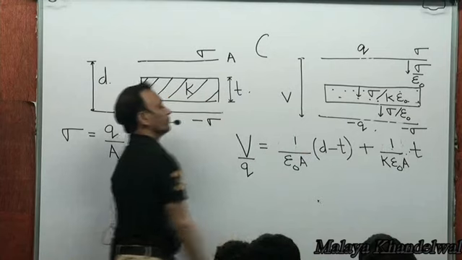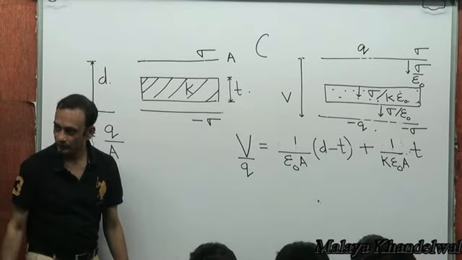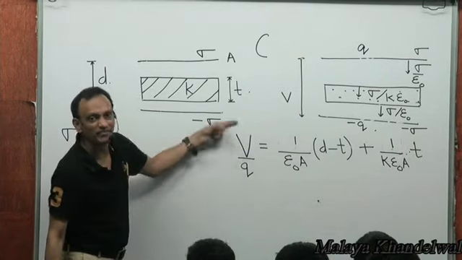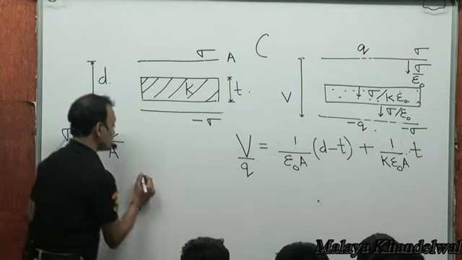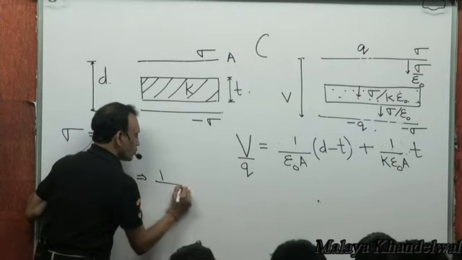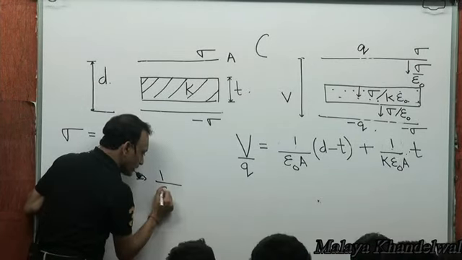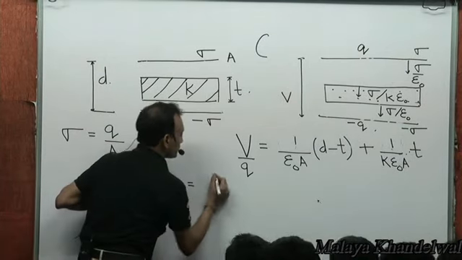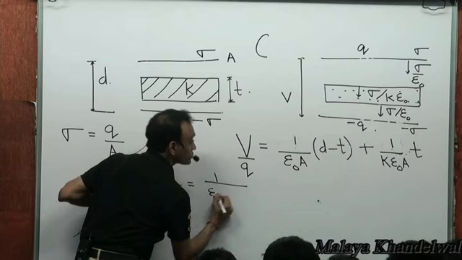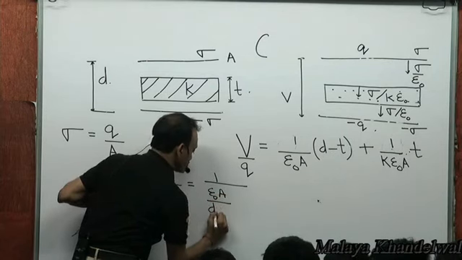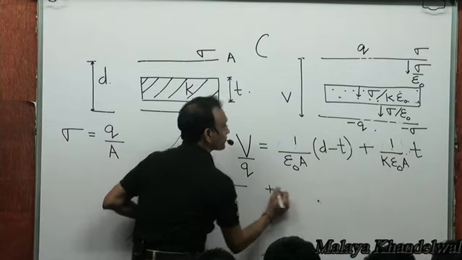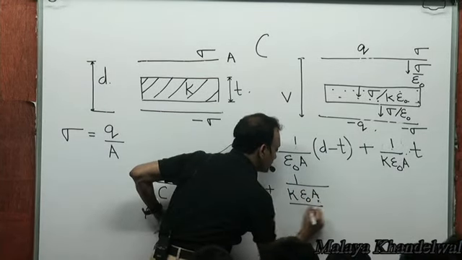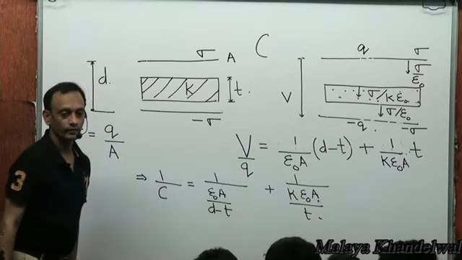So 1 by C, where C is the capacitance of this arrangement, is 1 by epsilon naught A by D minus T plus 1 by K times epsilon naught A divided by T.